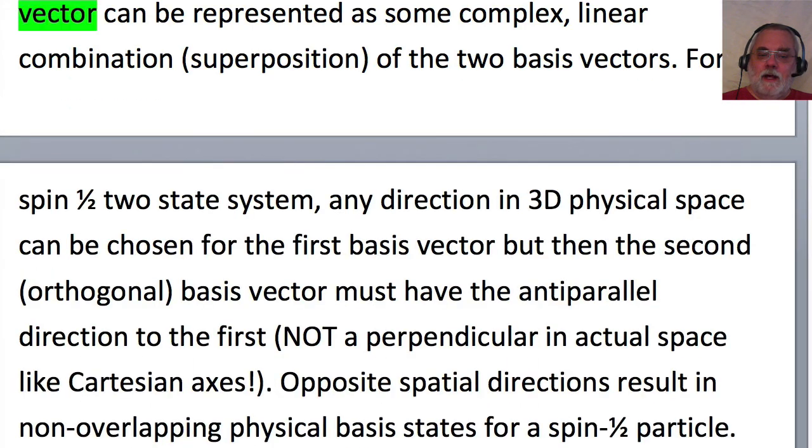For a spin 1/2, two-state system, any direction in three-dimensional physical space can be chosen for the first basis vector, but then the second orthogonal basis vector must have the antiparallel direction to the first, not a perpendicular in actual space like Cartesian axes. Opposite spatial directions result in non-overlapping physical basis states for a spin 1/2 particle.